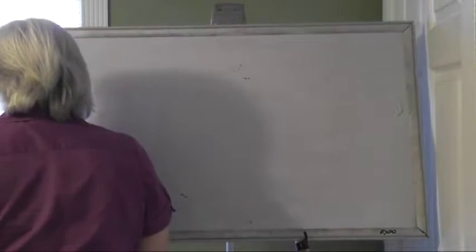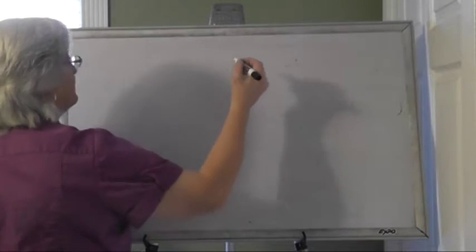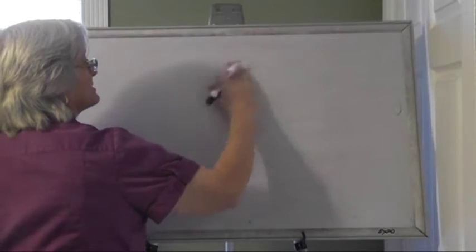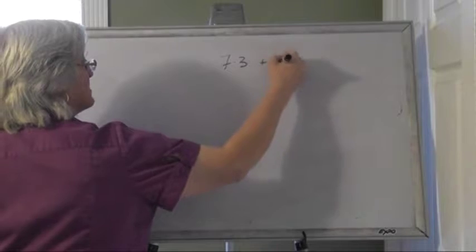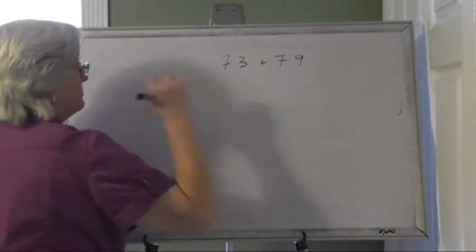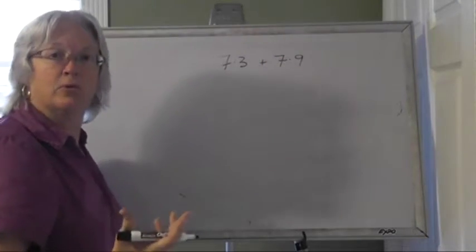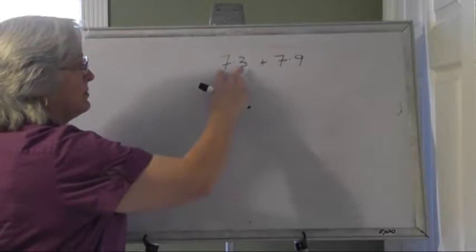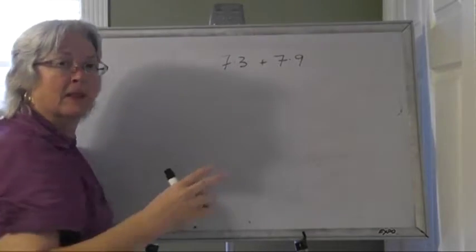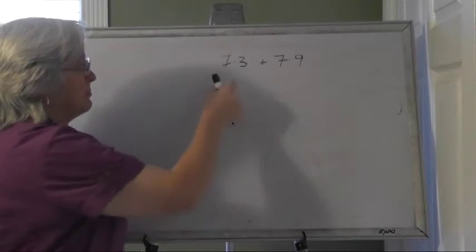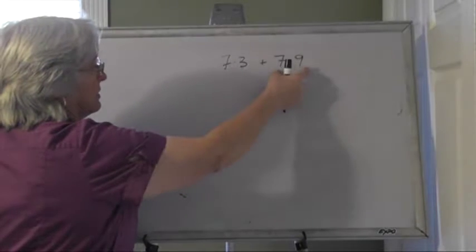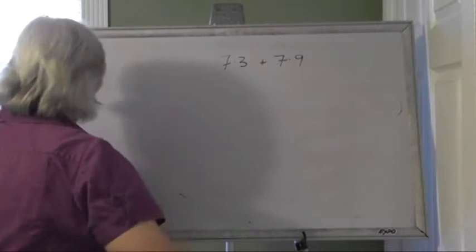We have: write an equivalent expression for 7 times 3 plus 7 times 9. We don't have any parentheses here, but we know that when we have multiplication and addition in the same problem, using our order of operations, we're going to multiply first.